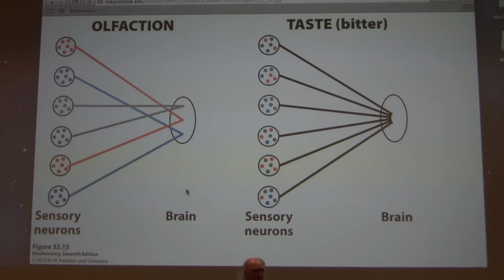For example, if I'm thinking about salt, I can't taste the difference between sodium chloride and potassium chloride, even though they're different chemicals. So this mixing that happens with the receptors and the lack of a specific region of the brain that each one links to is why our sense of taste is much more, I want to say simple, but not as diverse as it is with respect to smell.